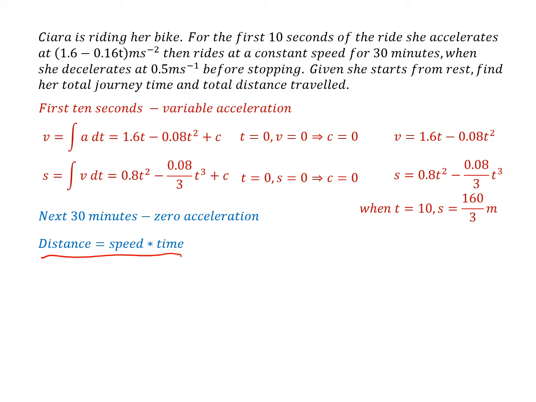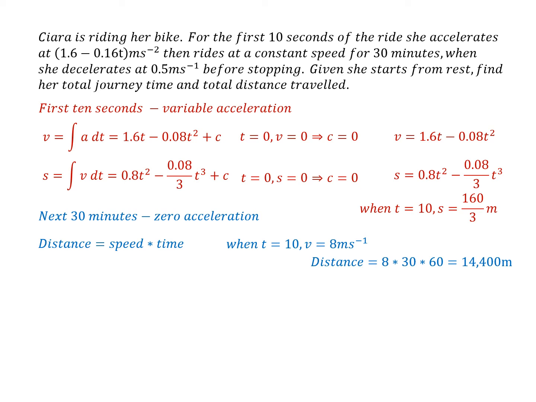So when we put t equals 10 into our expression for velocity, we get v is 8 meters per second, and so the distance she travels on the middle section is 8 meters per second times 30 minutes times 60 seconds, which gives us a total of 14,400 meters.